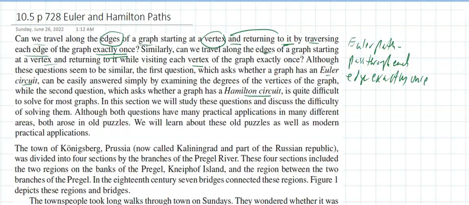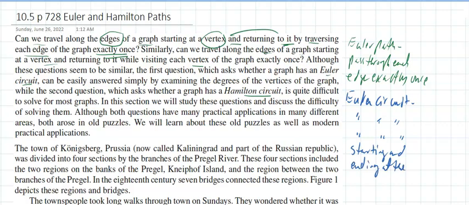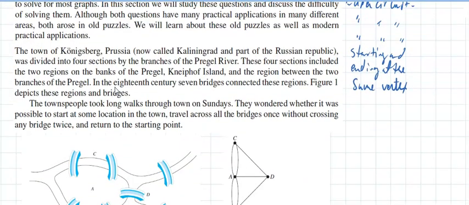And what is the difference between that and an Euler circuit? Well, it passes through each edge exactly once, but starts and ends at the same vertex. That's the difference.